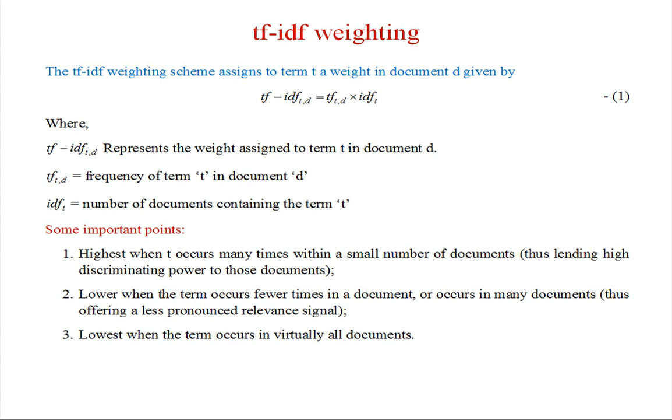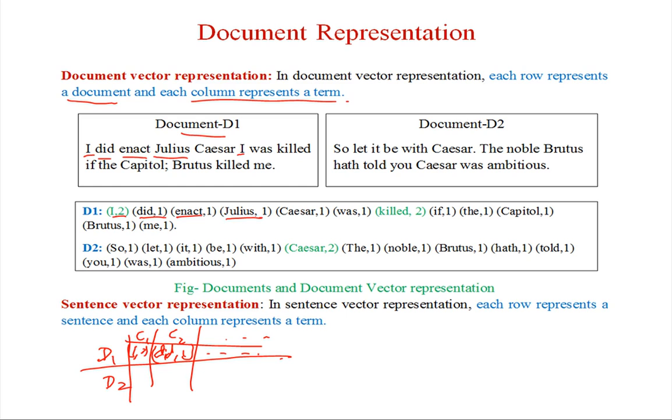Now, the TF-IDF weighting. The problem is that some words in a document show very high frequency, some show very low frequency, and it is not always necessary that highly frequent words are important.